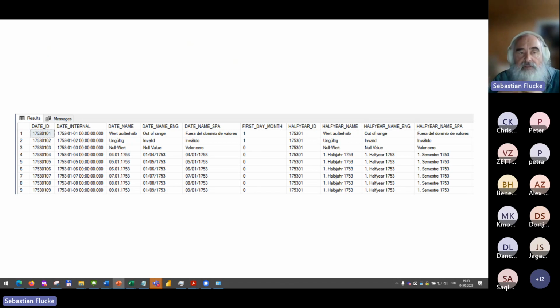Special circumstances in a date dimension also can be to have special records, special rows in our date dimension for special circumstances. You know that from all other dimensions, where you are able to have a kind of unknown element, or an all element, or a data-not-available element, or things like that.